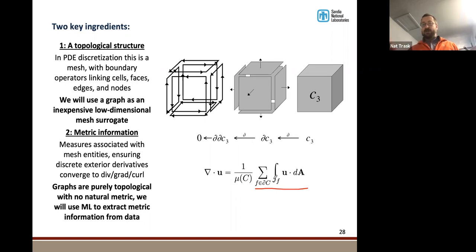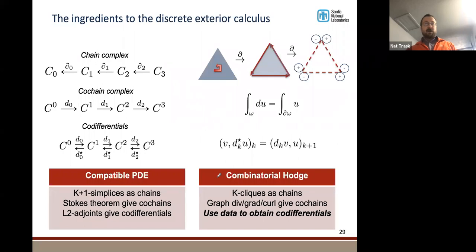You grab all those things, you just add up all those numbers. The metric information, this is the lowest order version of it, so it's pretty simple. Here, the metric information would be the cell volumes, which you have to divide the fluxes by in order to get something that converges to the vector calculus divergence that we all know and love.